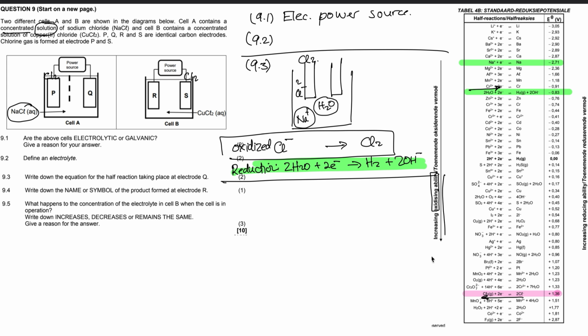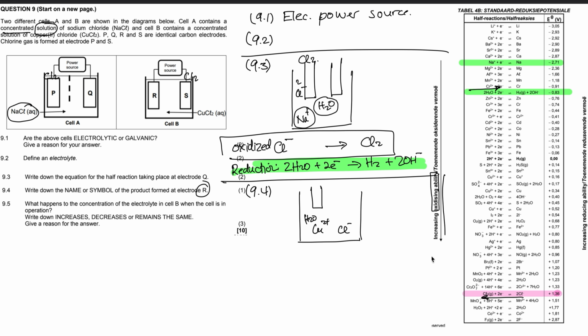Question 9.4. Write down the name or symbol of the product formed at electrode R. Okay, so if I look at that cell, I have Cu2 plus, I have Cl minus. They then tell me that it's concentrated as well, so there's probably going to be water.